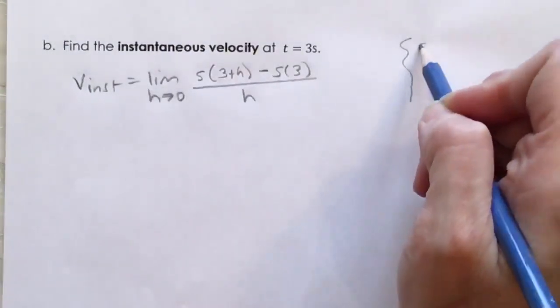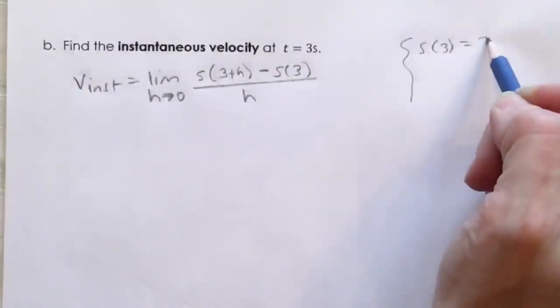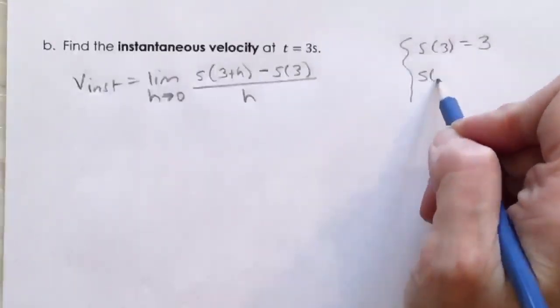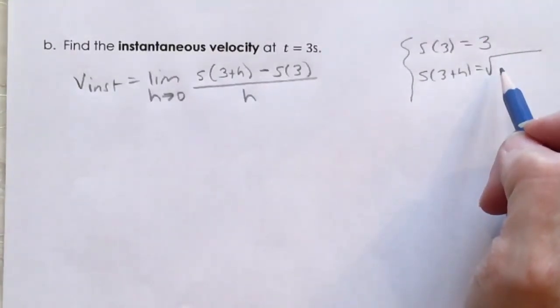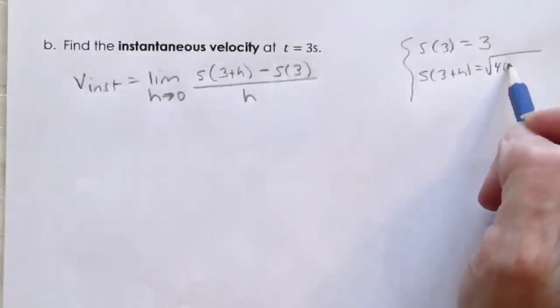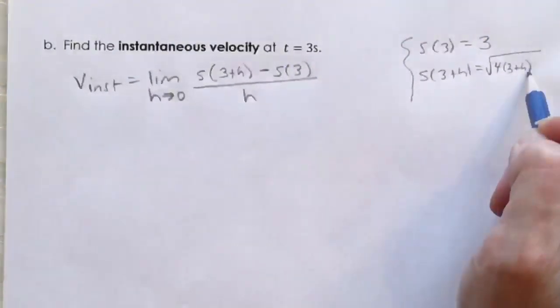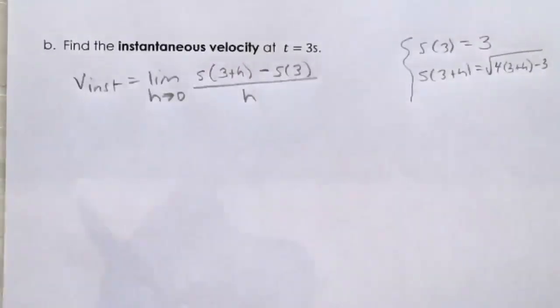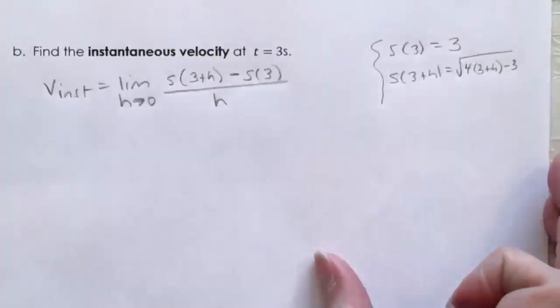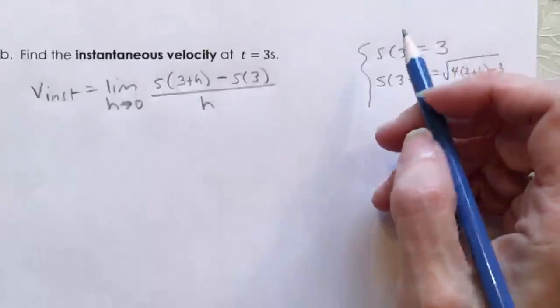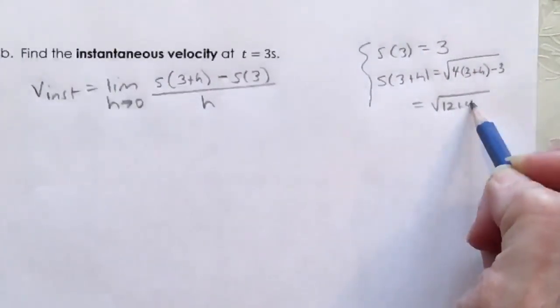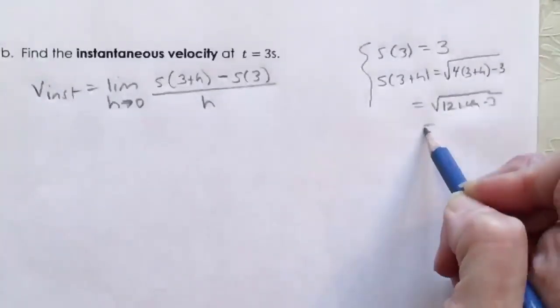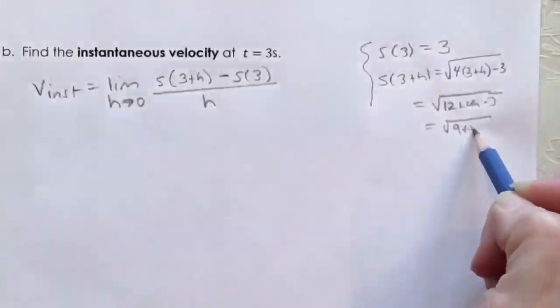So we already know s at 3 from the previous question was 3. S at 3 plus h is going to be the square root of 4 times 3 plus h minus 3, which is the square root of 12 plus 4h minus 3, which is the square root of 9 plus 4h.